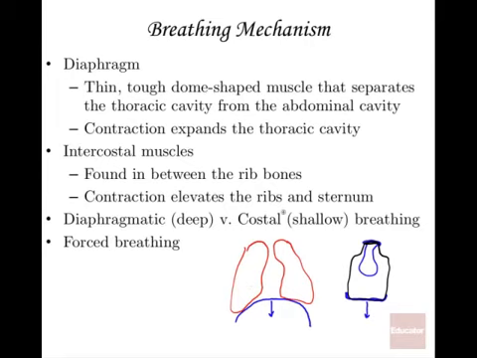The contraction of those intercostal muscles is going to elevate the ribs and the sternum so that my breastbone moves up and out, and the ribs move up and out, and that's going to further increase the space inside the thoracic cage. That reduces the pressure within here and draws air in. And the opposite happens when you exhale. Those intercostal muscles are going to relax, bring the rib cage back down, and cause air to leave the lungs.